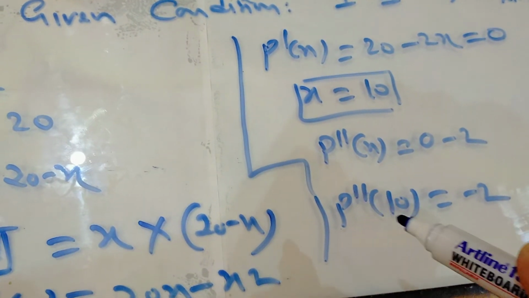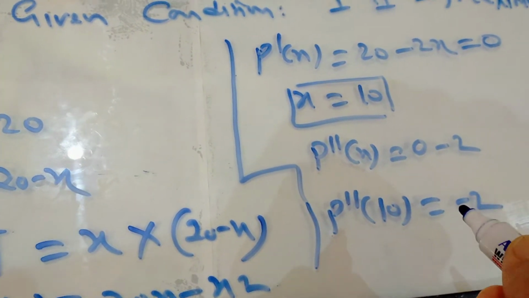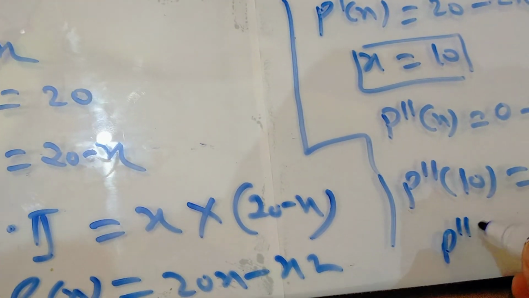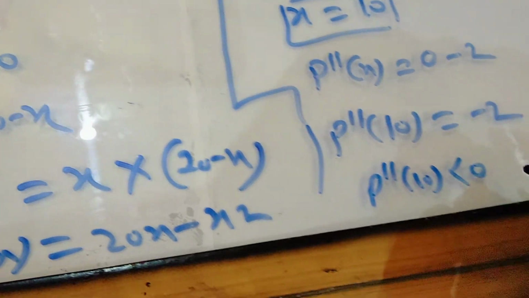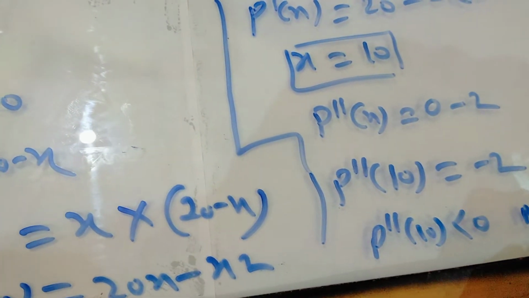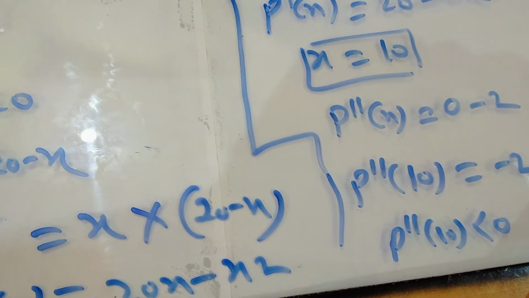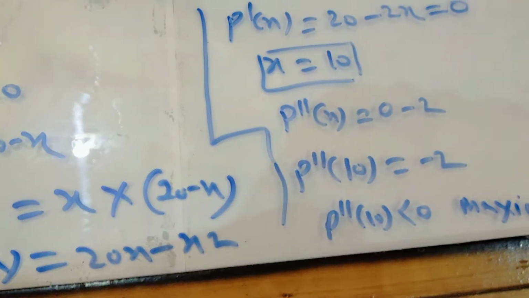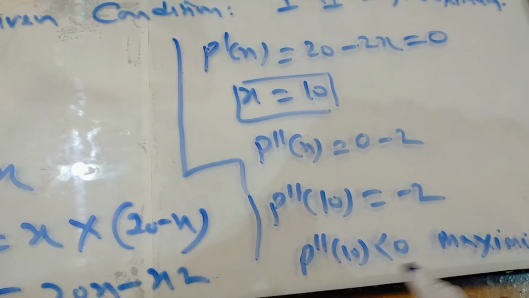So p double dash 10 is giving a negative value. Negative value means p double dash 10 is less than 0, means maximize. So we have maximized the product function.